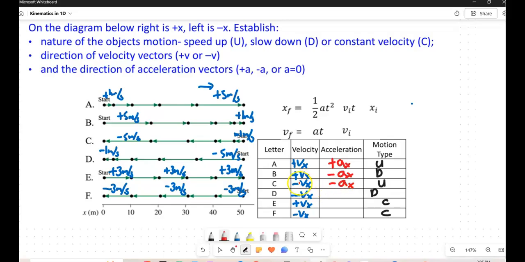Since your velocity vector is negative, you're being pushed to the left, you'll be speeding up, which means your acceleration vector will be negative. Your velocity vector is also negative, and this position right here, since we started out at the positive 50 meters, is actually just positive 50 meters.